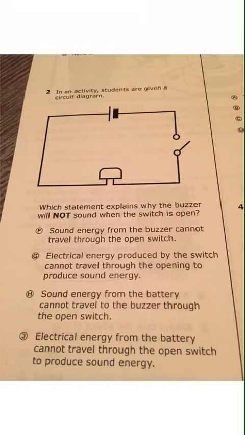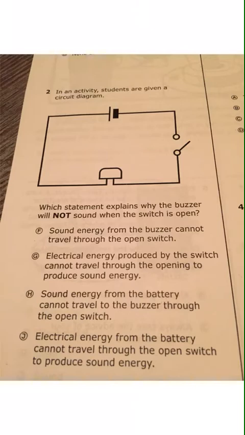Number 2. In an activity, students are given a circuit diagram. Which statement explains why the buzzer will not sound when the switch is open? F. Sound energy from the buzzer cannot travel through the open switch.